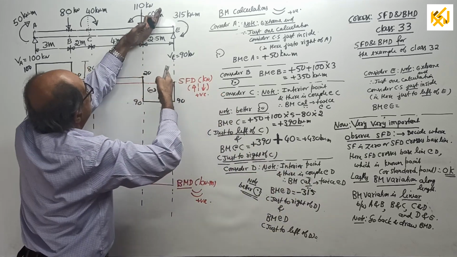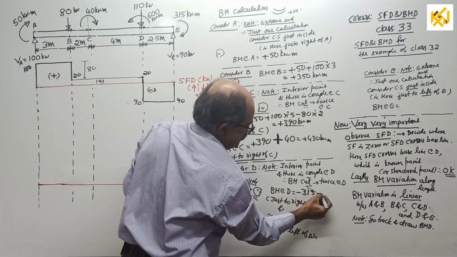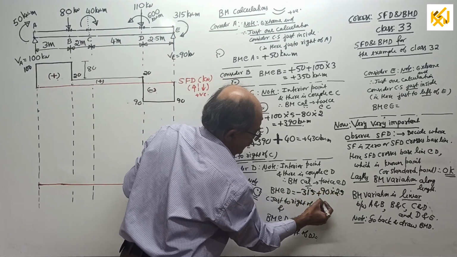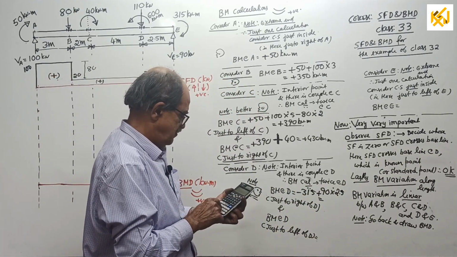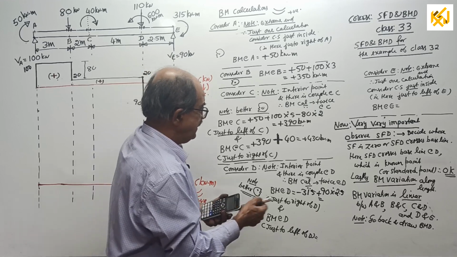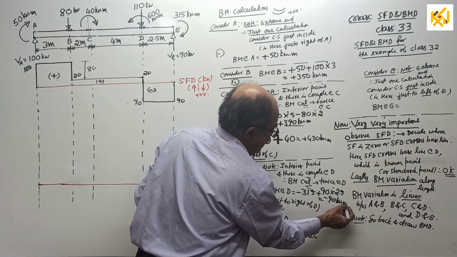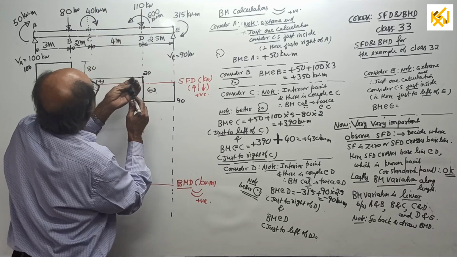And then plus 90 into 2.5. That will come minus 90 kN meter.